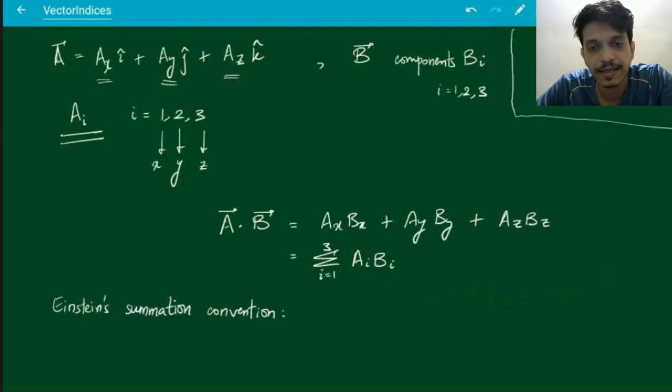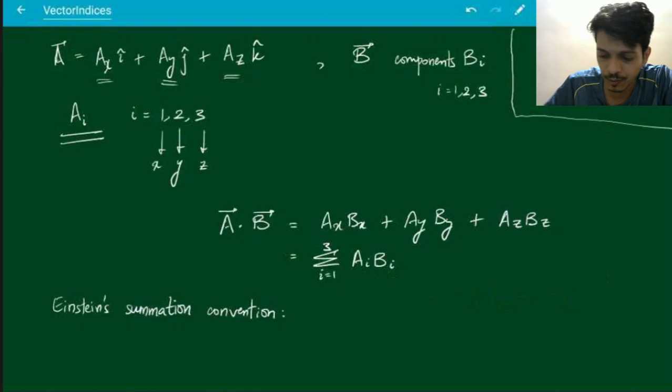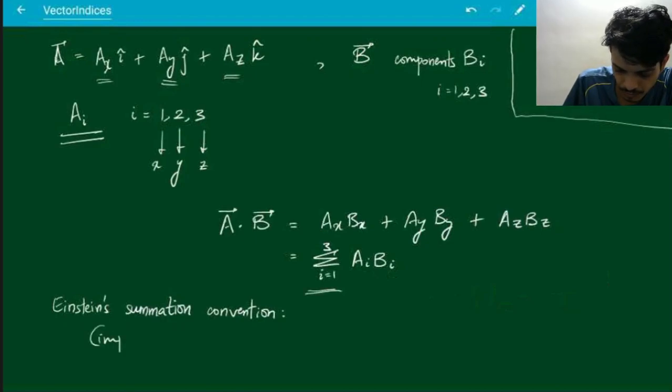What this says is that if some index is getting repeated, like over here the index i is getting repeated, then you don't have to explicitly write down this summation. This summation is implied. So implied sum.